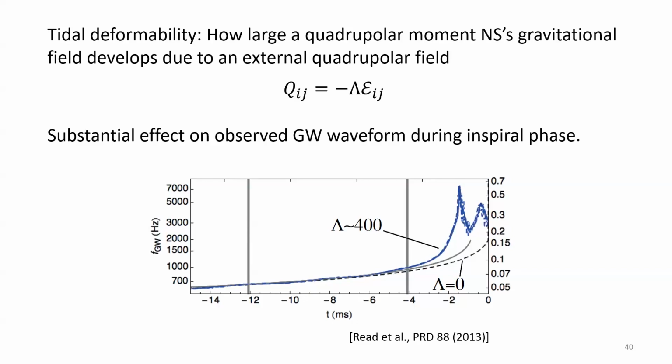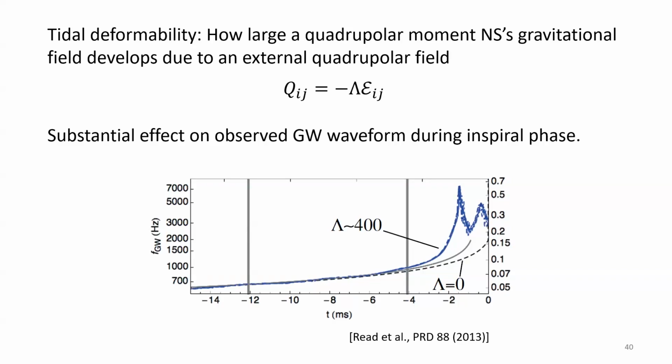What really happens when the stars are going around each other is that the gravitational pull from the partner always makes the star no longer a perfect sphere, but it always stretches in some direction, and this stretching and these tidal effects actually have a measurable effect on the in-spiral gravitational waveform that is then measured on Earth.